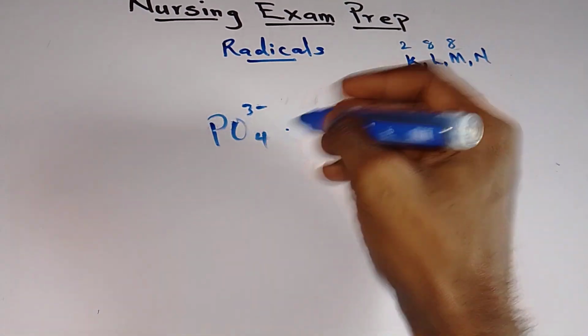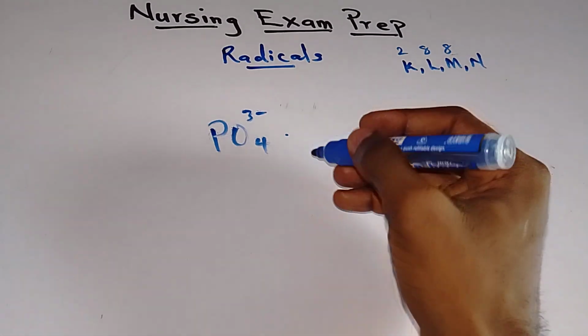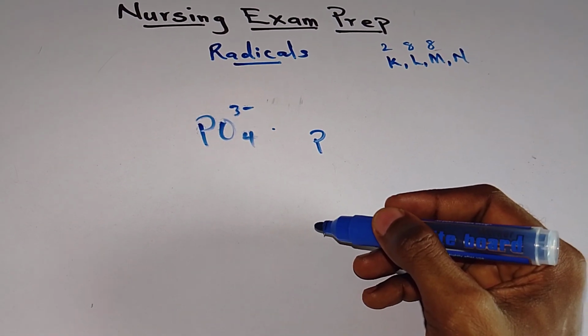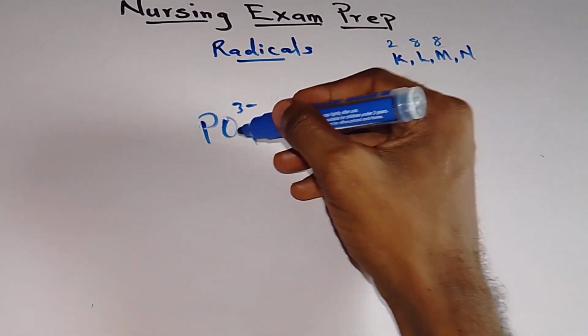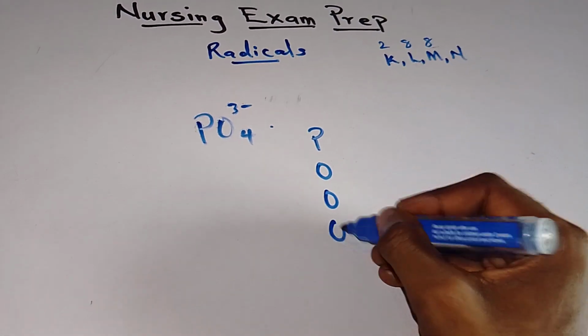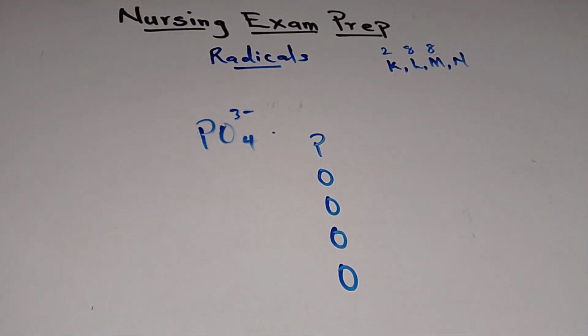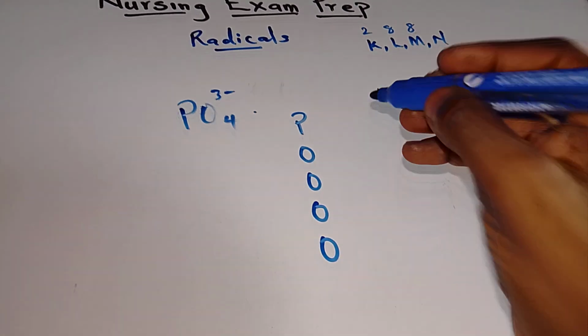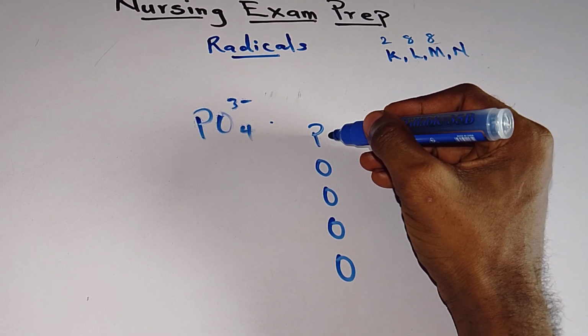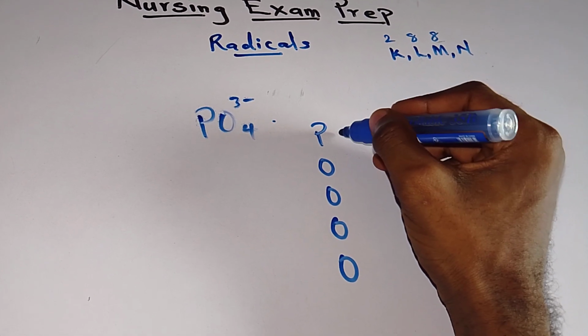So now to find the valency of this, we have phosphorus, and we have 4 oxygen, so you display your oxygen atoms. Okay, are you getting it? All right, so now what's the atomic number of phosphorus? That is 15.